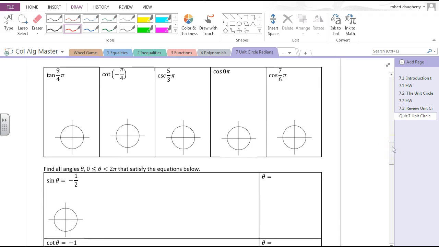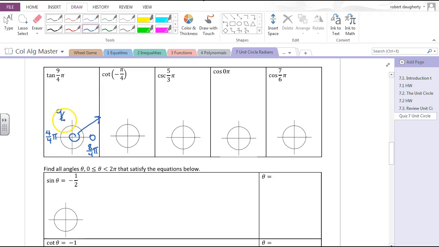A few more. Tangent of 9/4 pi. So this is 0. This is 4 over 4 pi. If I make a full revolution at 2 pi, that's 8 over 4 pi. So 9/4 pi is just further than that. That is the angle you see right here.